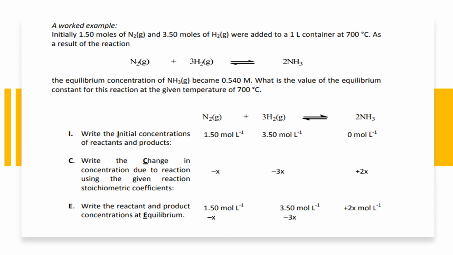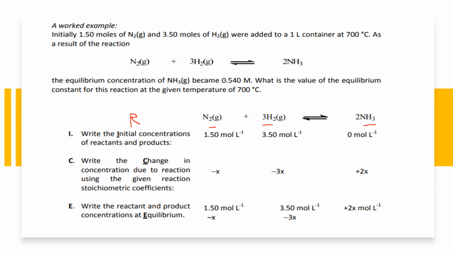So, using the ICE table, or RICE table, you're going to write the reactant first. So this here is R, R is for reactant. Reactants are N2, 3H2, and the product is NH3. They said that initially 1.5 moles of N2 and 3.5 moles of H2 were added to a 1 liter container.